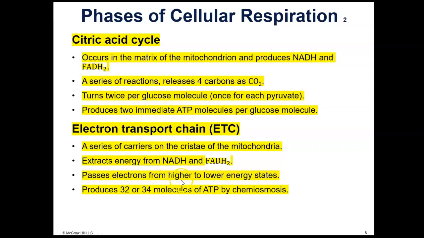They start out with high energy, and then by the time it's over with, they have low energy because they're releasing their energy in order to make ATP. And the electron transport chain produces the most ATP, produces 32 or 34 molecules of ATP. And this process that occurs is called chemiosmosis.